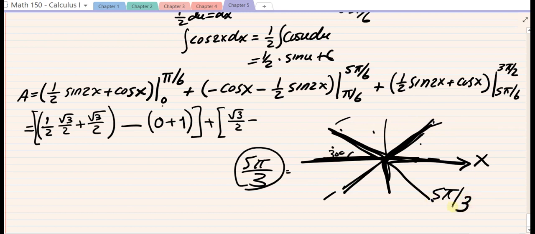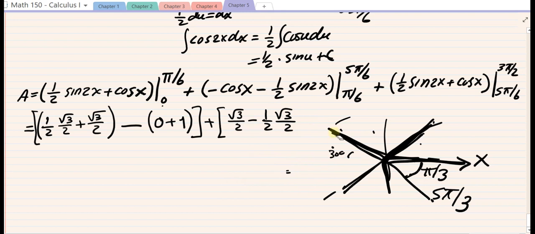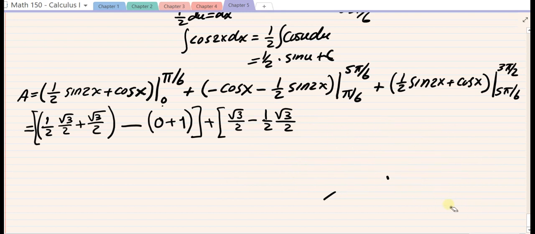Now, sine of 5 pi over 3, the reference angle is going to be pi over 3. So that's going to be root 3 over 2. Okay. And what do we do next? Next, we need to plug in the lower limit, this is the upper, minus cosine of pi over 6.